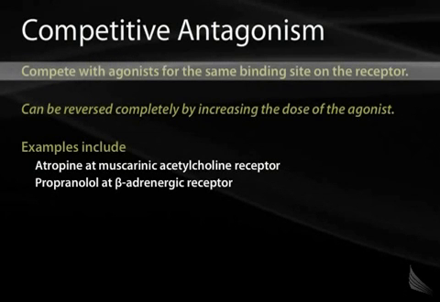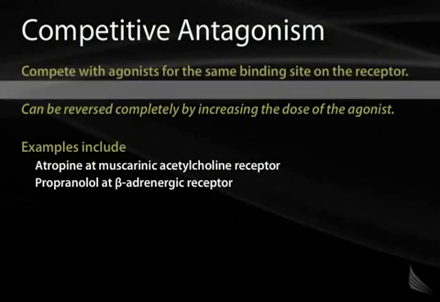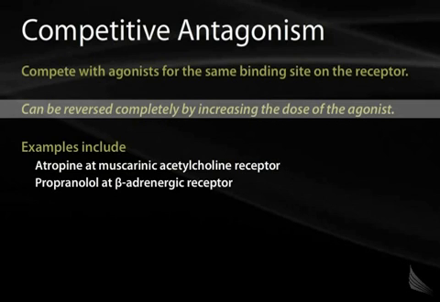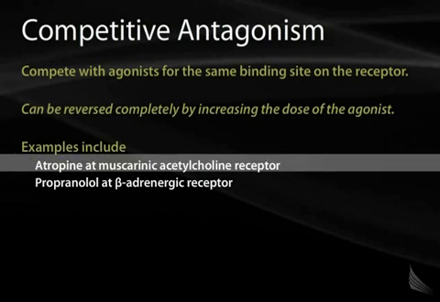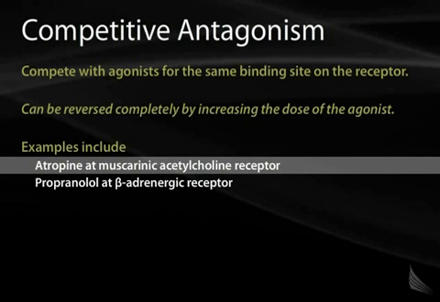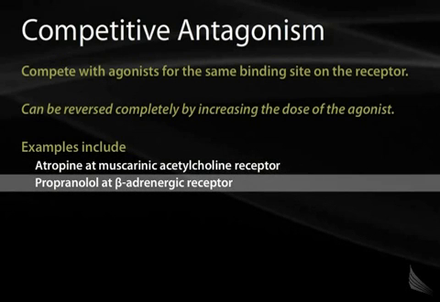Again, competitive antagonism involves competition with agonists for the same binding site. It's very important to remember that by increasing the dose of the agonist, you can reverse the antagonism. An example of this would be atropine at the muscarinic acetylcholine receptor and propranolol at the beta-adrenergic receptor.